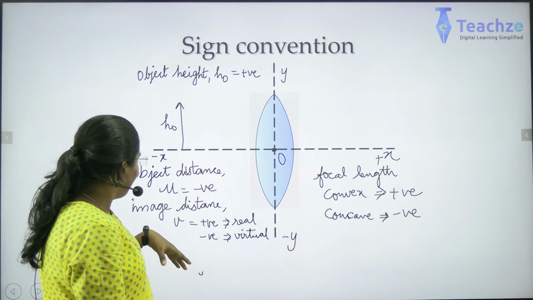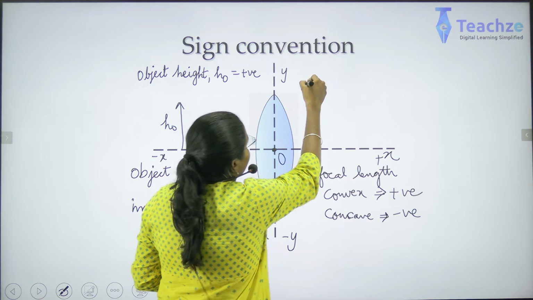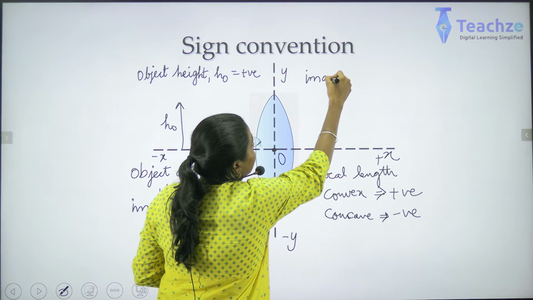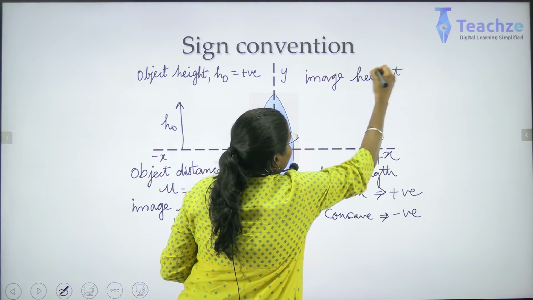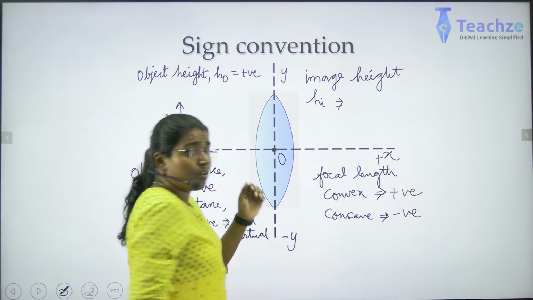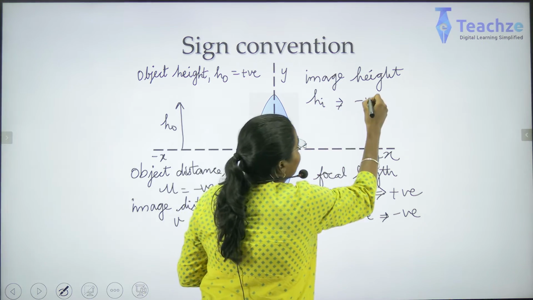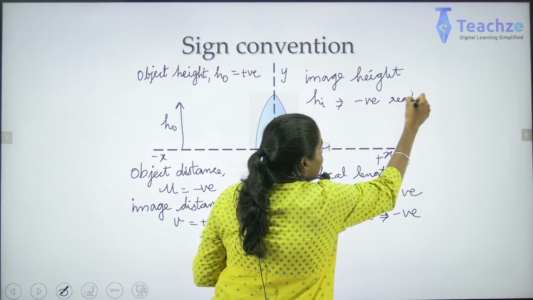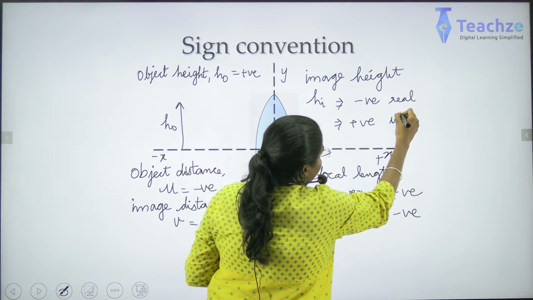We have seen the image distance; now the image height. What will be the image height for real images? Image height will be negative for real images and positive for virtual images.